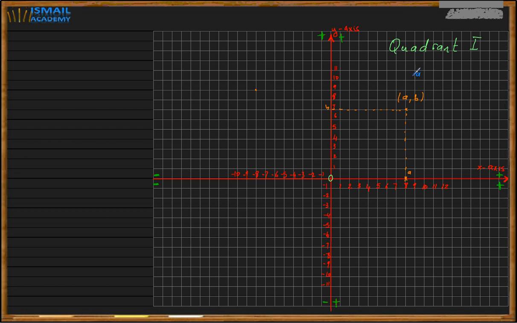So this is quadrant 1, this is quadrant 2, this is quadrant 3, and this is quadrant 4.